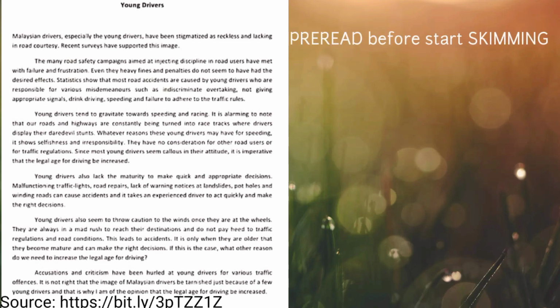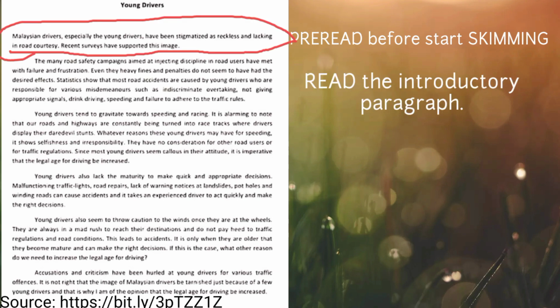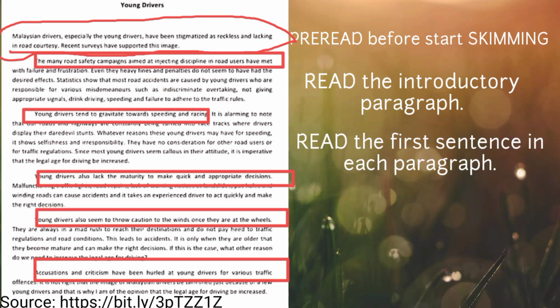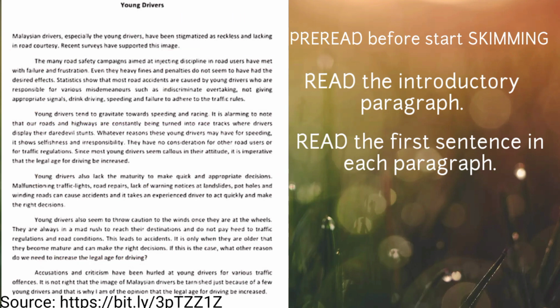By doing so, we can pinpoint the parts of the article that require more attention and the parts we can skip. Read the introduction, as it usually expresses the main idea of an article or chapter. Read the first sentence in each paragraph, for it describes what follows in the paragraph.